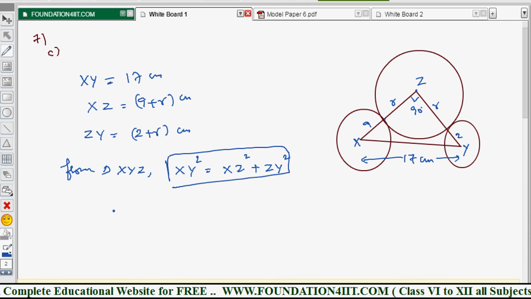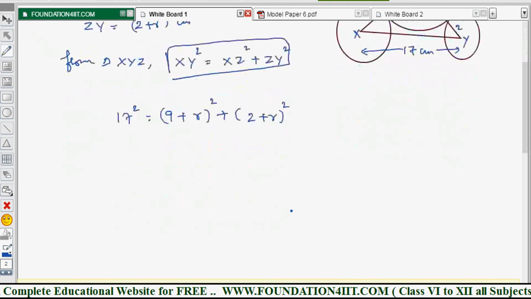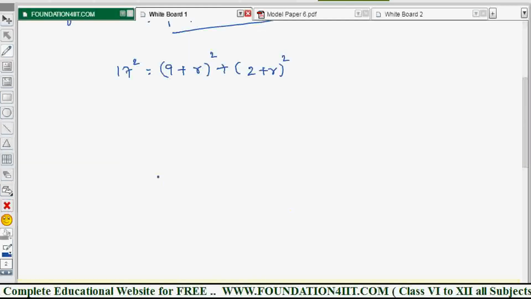Then we can write 17 square is equal to (9 plus r) square plus (2 plus r) square. Just apply this and find the r value. 17 square is 289, and (9 plus r) whole square, using the (a plus b) whole square formula, is 81 plus r square plus 18r.